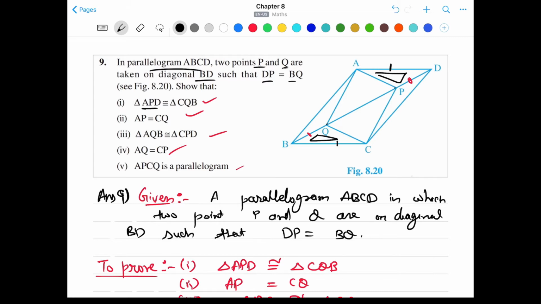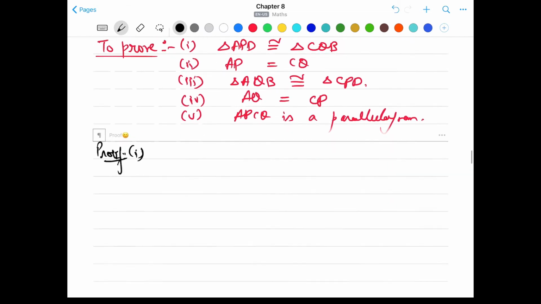So we got one side. Then AD and BC are parallel and BD is a transversal, so their alternate interior angles will be equal. So we got one side and one angle, and in the question it is given that DP is equal to BQ. That means these two triangles will be congruent by side angle side.